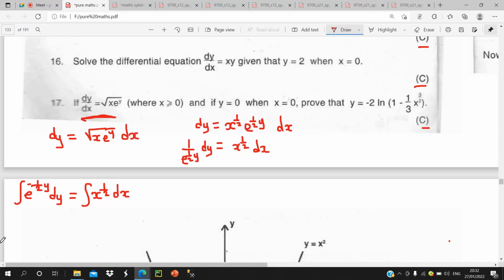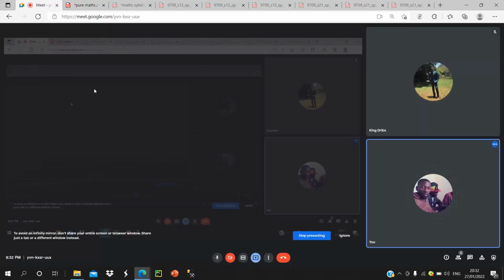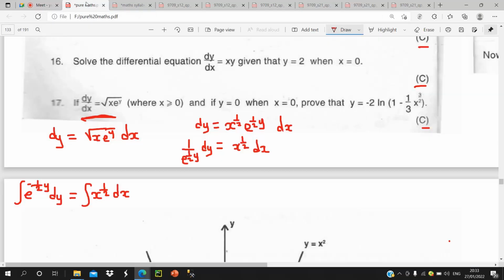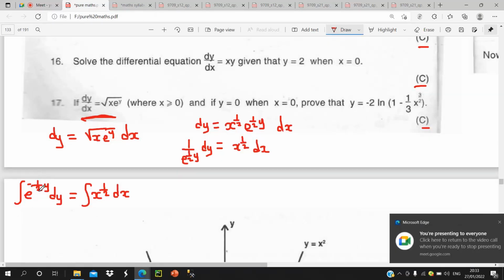What's the value of the integral to your left? Hello? What's the value if we integrate this side?